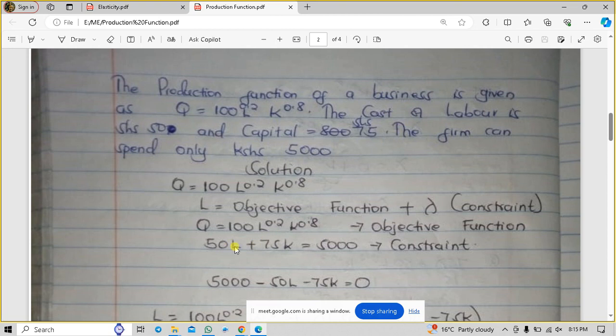So 50L plus capital. Our capital is 75. So here our constraint function will be 75K. K is a symbol of capital. So 50L plus 75K equals 5,000, which is our constraint.